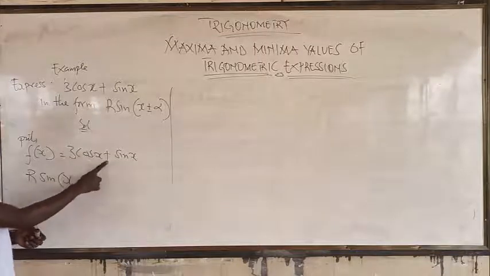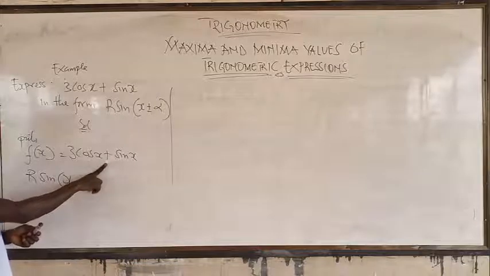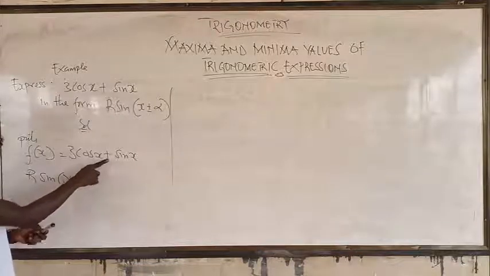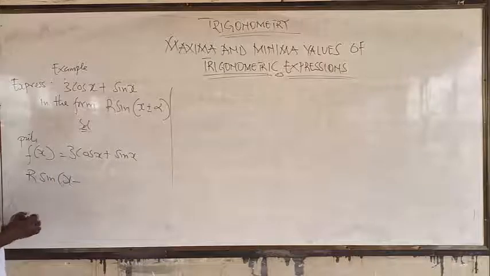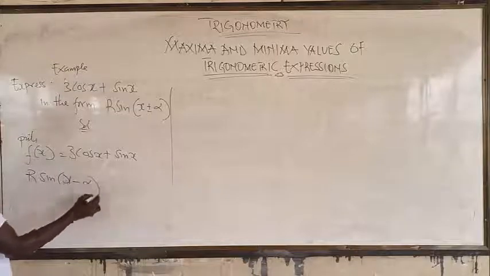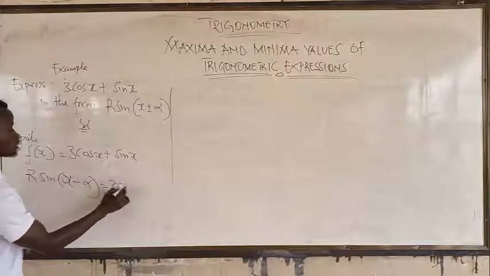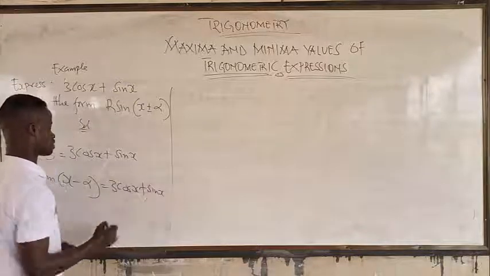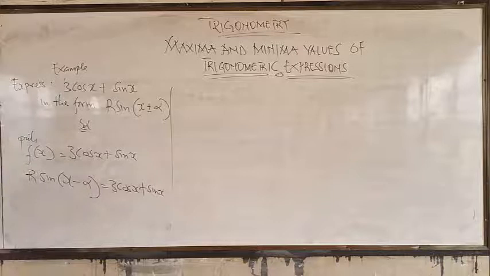Here for sine, you can see how we are watching. Here is plus, so we'll go for minus. It should be opposite. Don't choose the same thing. Okay, so minus alpha. Then you break down to 3 cos x plus sin x. Very good.